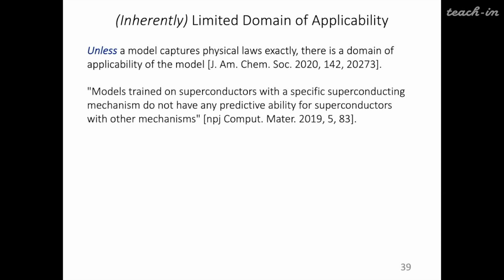As I've mentioned earlier, unless a model captures physical laws exactly, there is a domain of applicability, of course.